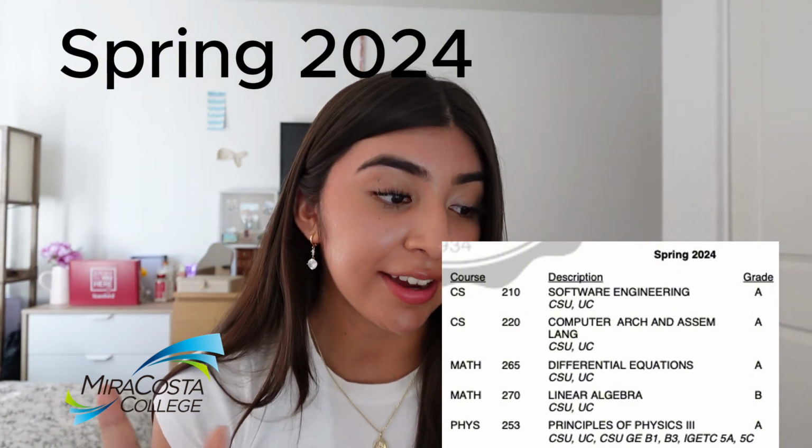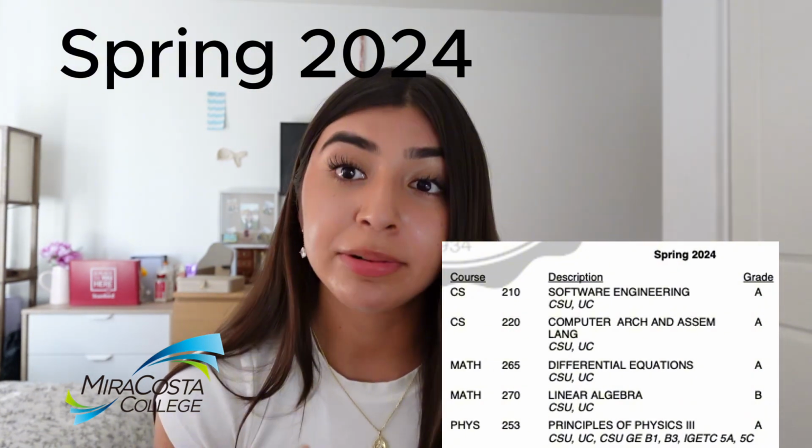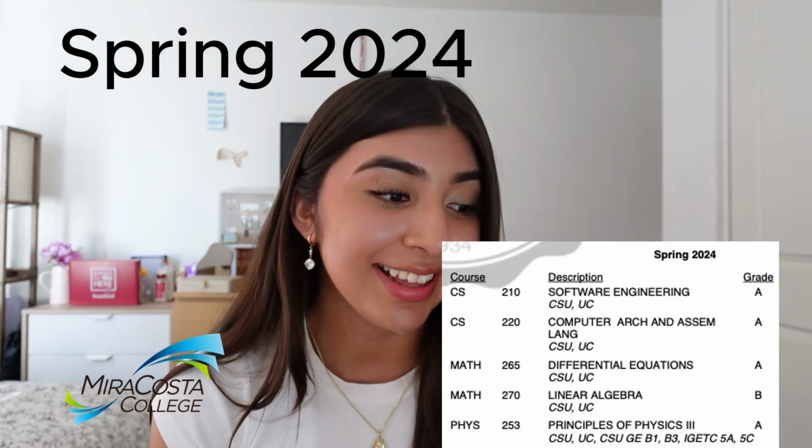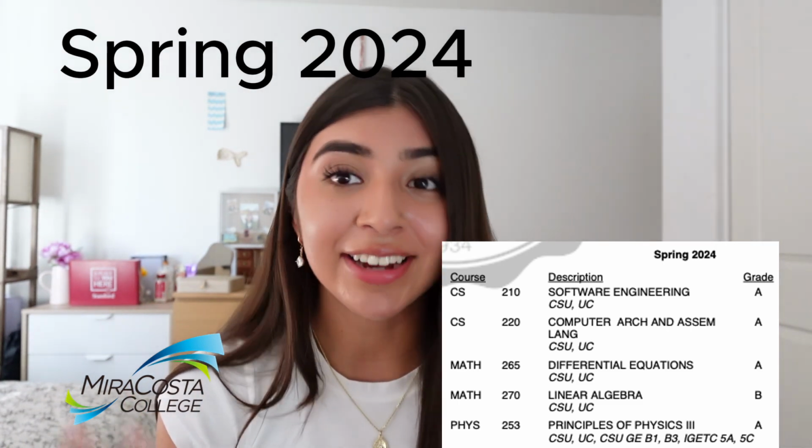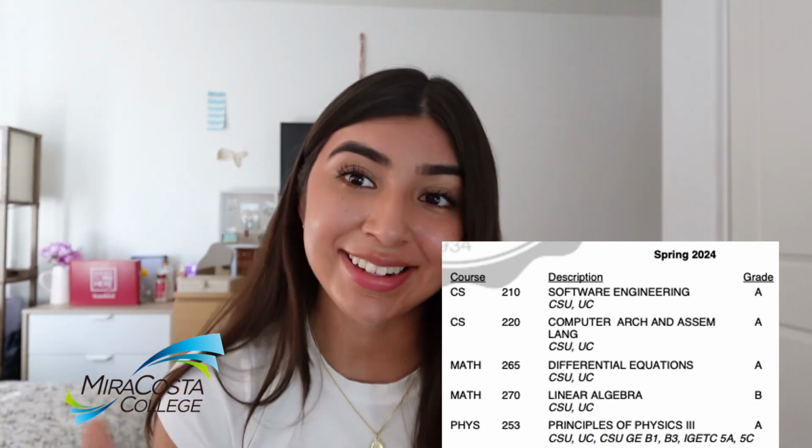Software engineering, I got an A. Differential equations, I got an A. Linear algebra, I got a B. And then finally physics 3, I got an A. Total of 18 units. While applying to Stanford and the other colleges, I had a 3.92 while applying. However, when I graduated, I ended up with a 3.89 overall.